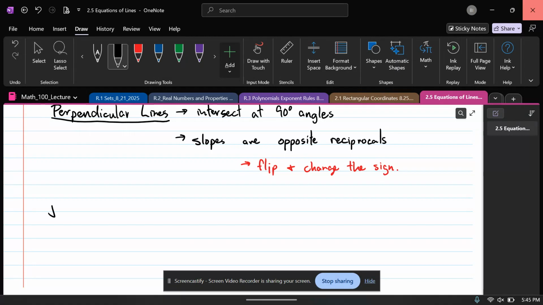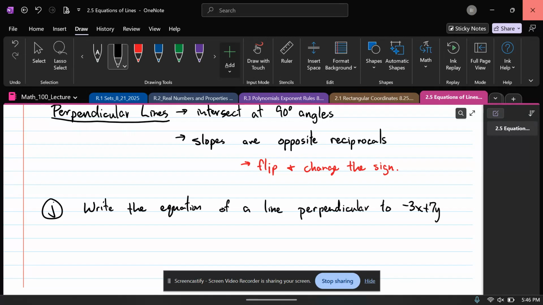It's been a long day. So, example J. Write the equation of a line perpendicular to negative 3x plus 7y equals 826 that passes through negative 14, positive 10.